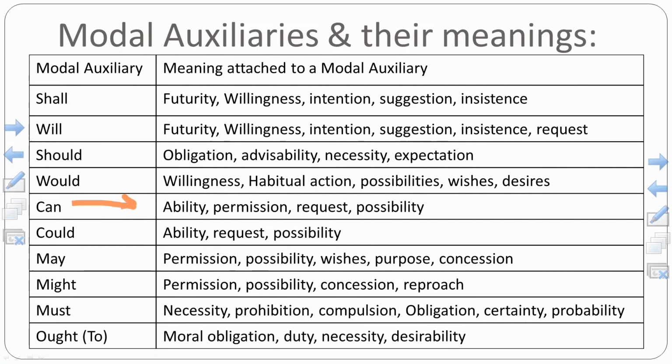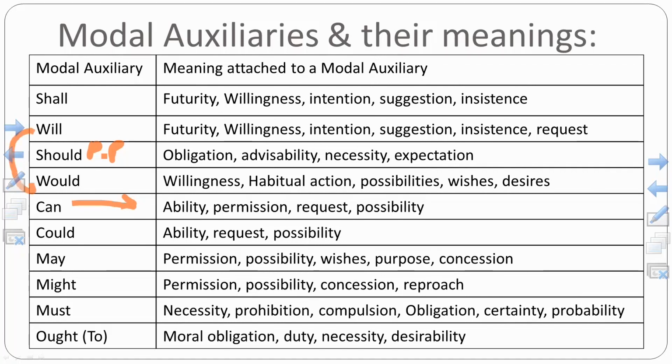For example, shall. We generally use shall to make sentences in future, which talks about futurity, willingness, intention, suggestion, and insistence. Then will: futurity, willingness, intention, suggestion, insistence, request. Should: obligation, advisability, necessity, expectation.